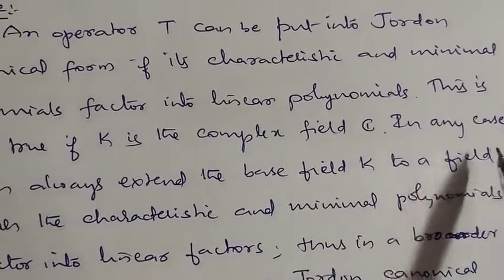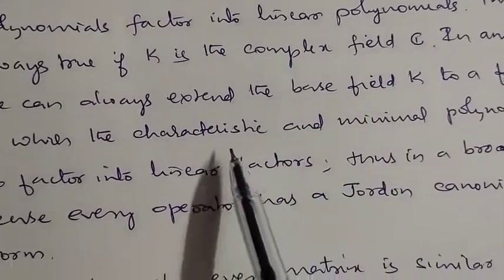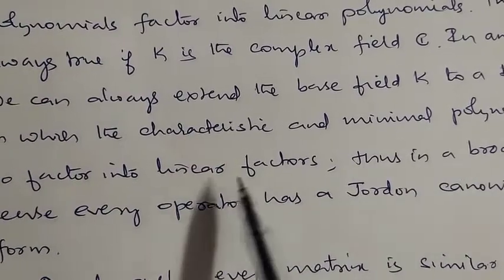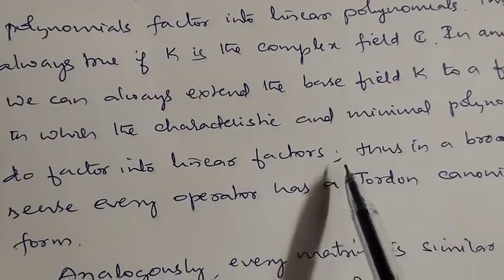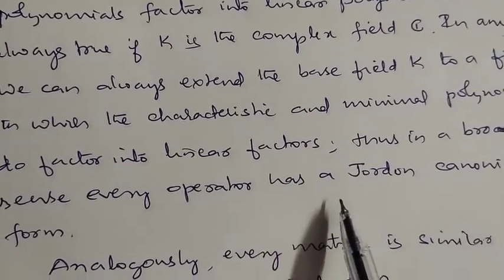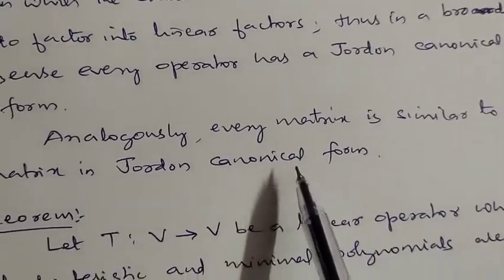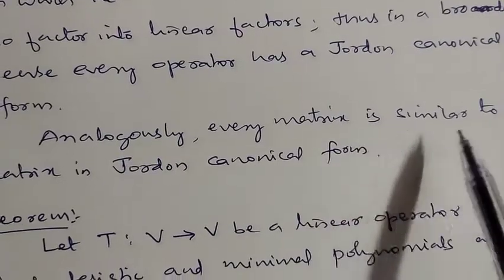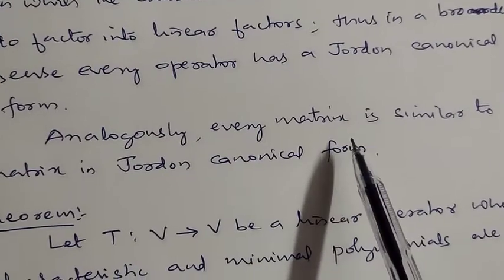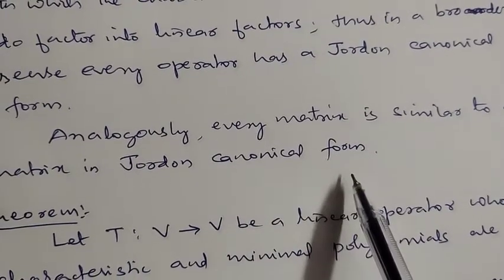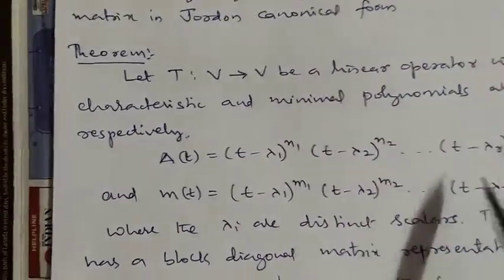In any case, we can always extend the base field K to a field in which the characteristic and minimal polynomials factor into linear factors. Thus, in a broader sense, every operator can be brought into Jordan canonical form, or analogously, every matrix is similar to a matrix in Jordan canonical form.